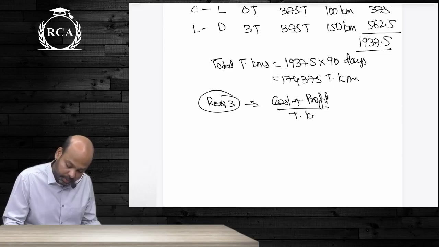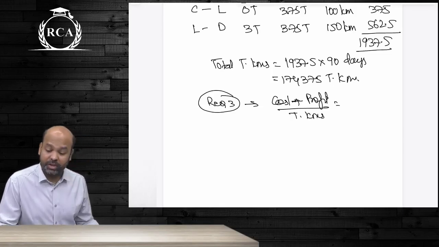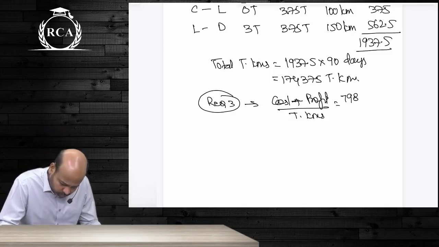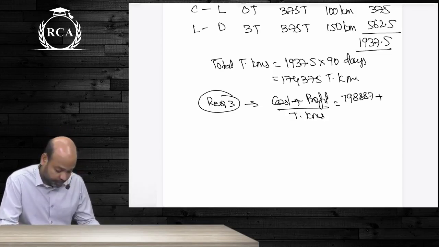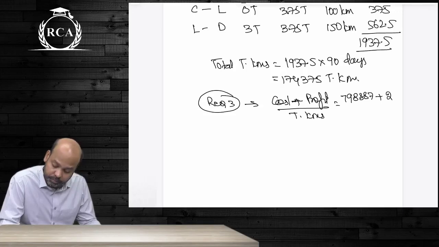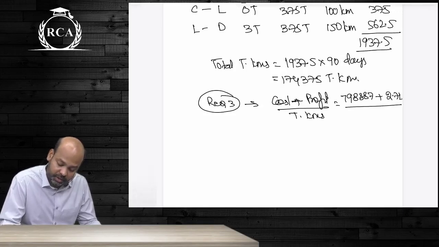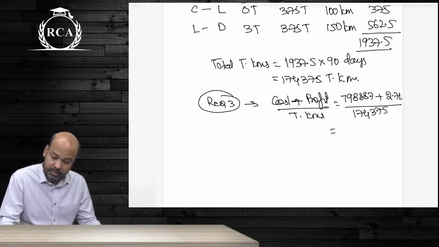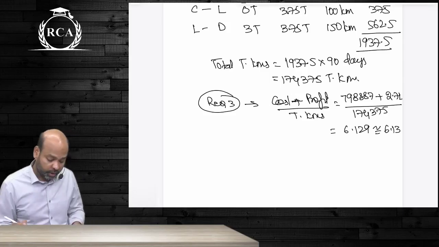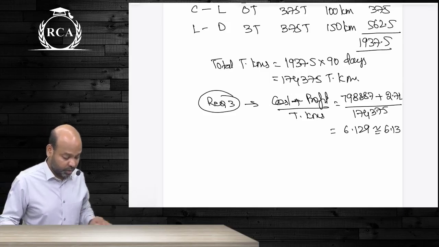Won't that become the minimum rate? Apna cost was how much? First bit ka statement, 7,90,880 plus profit, desired profit 2,70,000, divided by 1,74,375. 6.129, approximately 6.13. एक बार fifth bit भी कर लेता हूँ बेटा, हो गया.